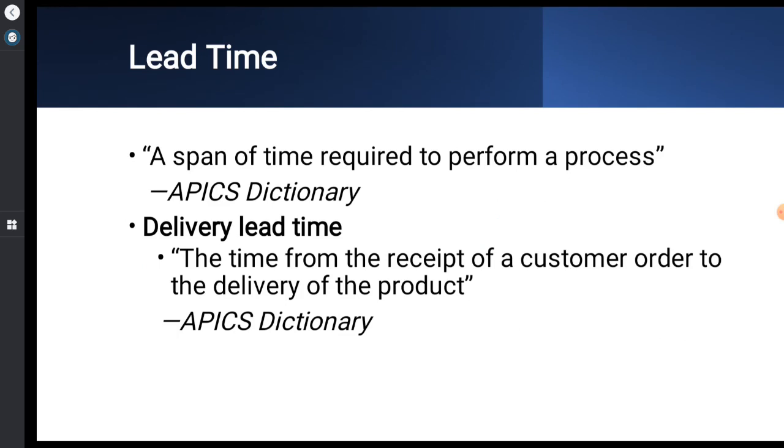So basically, it's the time that we need to prepare the order, the time that we need to process the order or do the conversion processes, the time we need to move or transport or ship the order to its final destination, the time needed to receive the order and inspect the order. So the total time we need to finish everything and deliver the product to the final consumers is called delivery lead time.